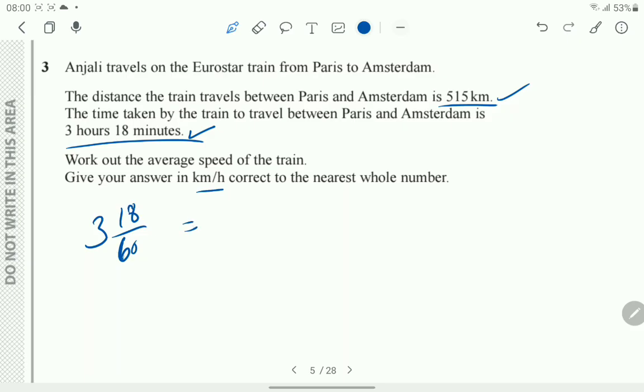So 3 times 60 is 180. 180 plus 18 is 198 over 60, and this simplifies to 33 over 10.